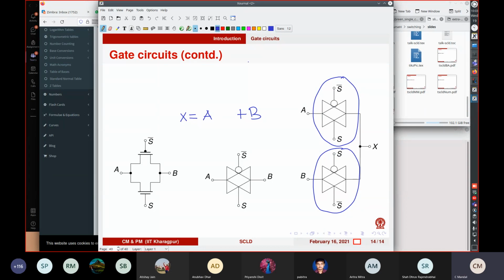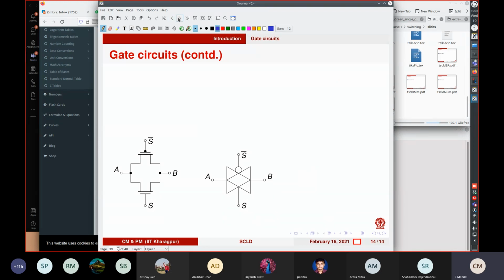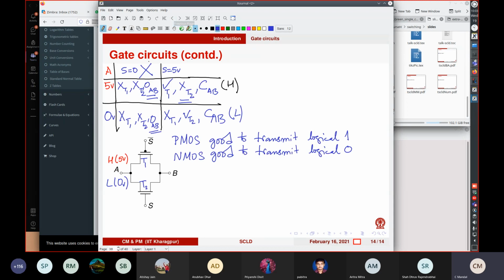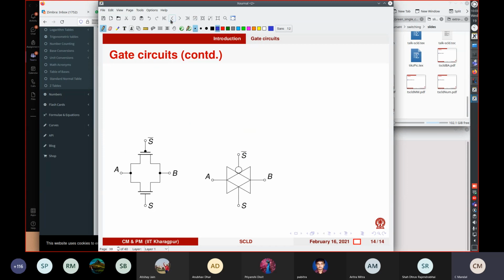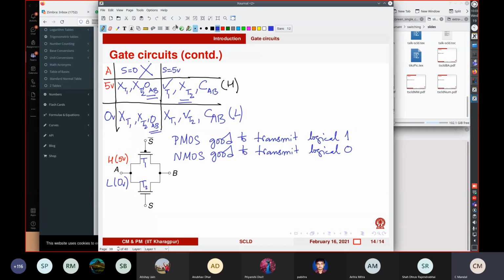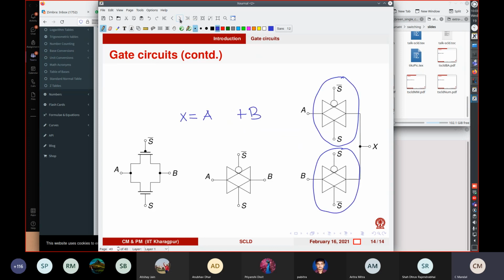As you have seen in the previous slide, transmission happens when S is high. For this circuit, S is on that NMOS. So this is S and this is S bar.